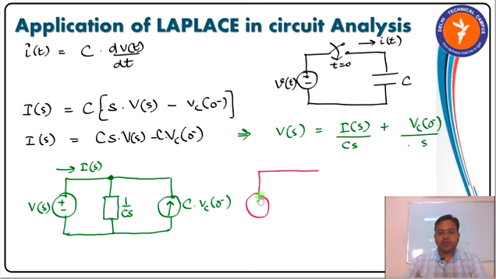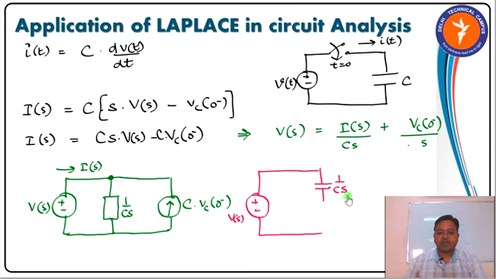So we will be having a voltage source, plus minus, V(s), which will be connecting a capacitance. I can show the capacitance like this also, I don't need to show it by a box only. I can show the capacitance by the capacitive symbol, and this capacitance must have impedance, and I should show it over here.